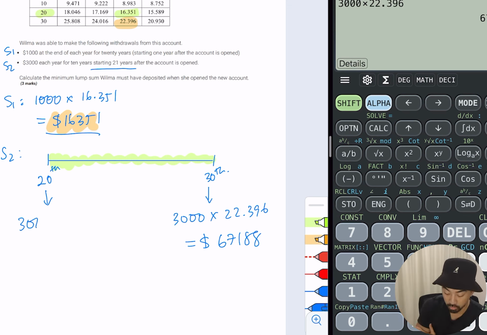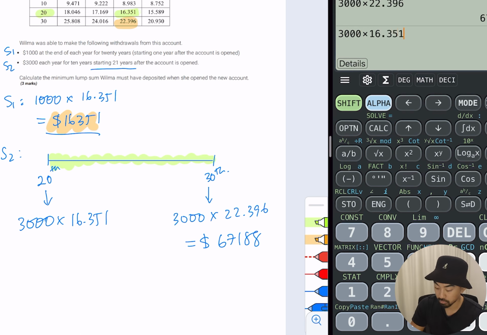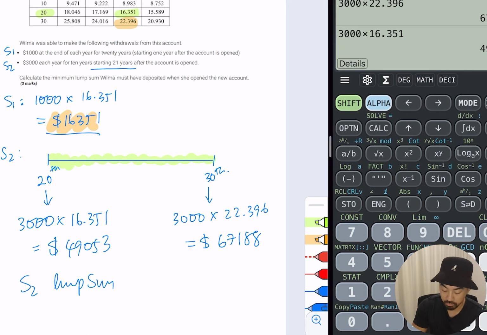So 3,000 times the interest factor. Now it looks like it's the same from scenario 1. So it's from the 20th, so 16.351. So that is 49,053.